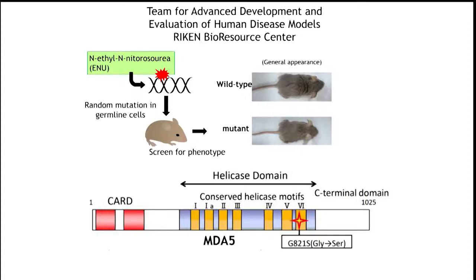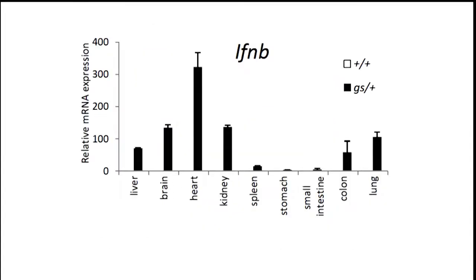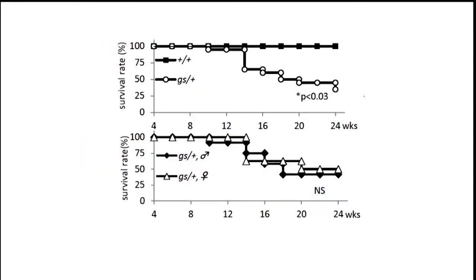The GS mouse is small compared to wild-type mouse. To our surprise, this mouse exhibits constant production of interferon in a variety of organs, which is never observed in a normal mouse. More importantly, this mouse had a very short life compared to normal mouse.